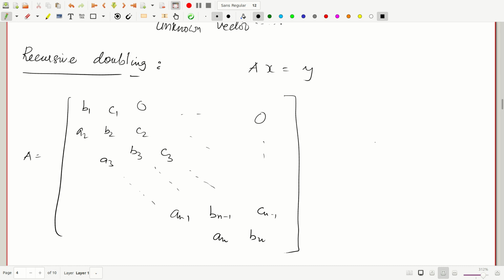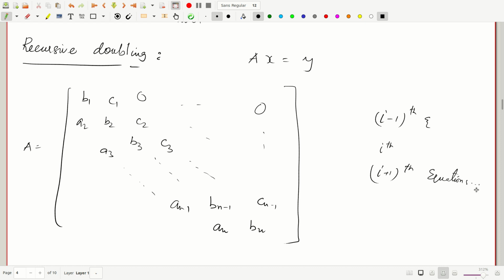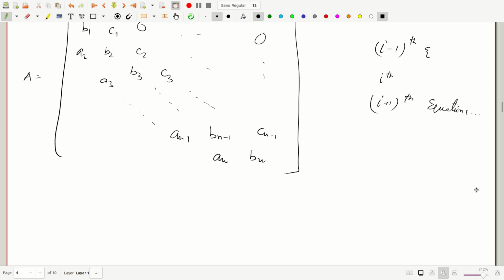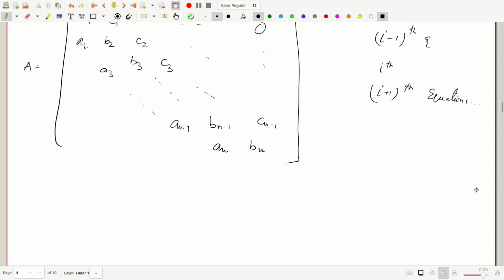Now let us consider the i minus 1th, ith and i plus 1th equations that are coming out of this particular system.